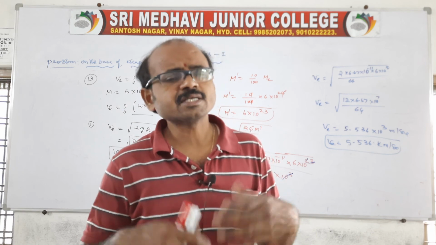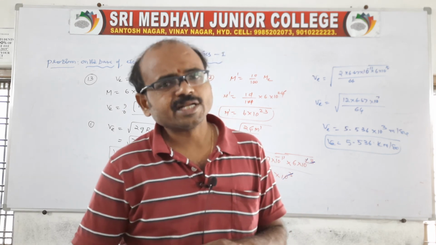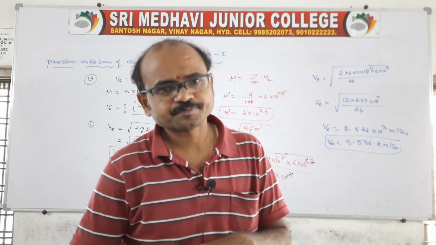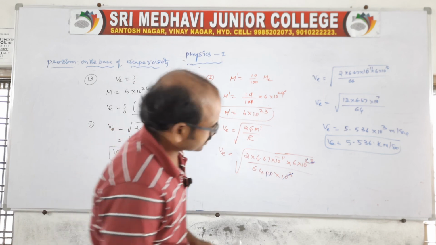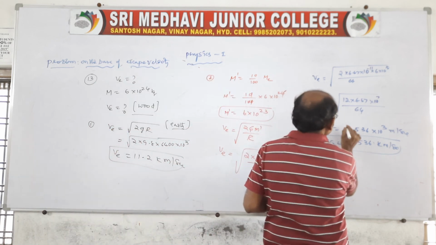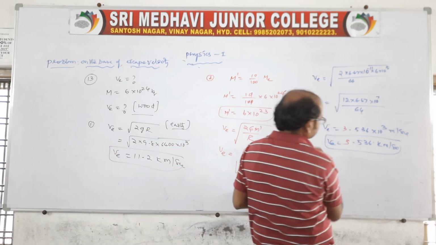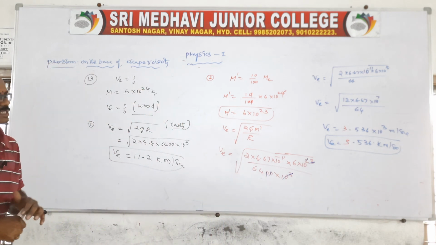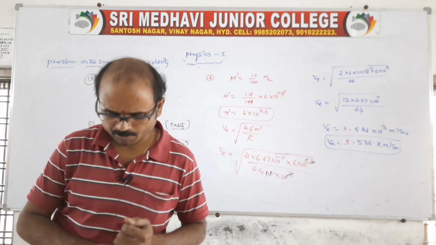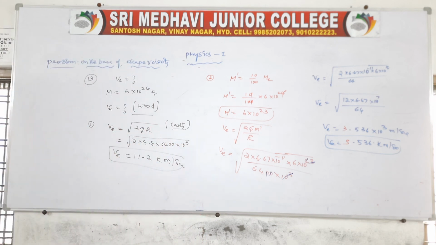So when mass reduces, the escape velocity of the given planet also reduces. Clear? That is about orbital and escape velocities.